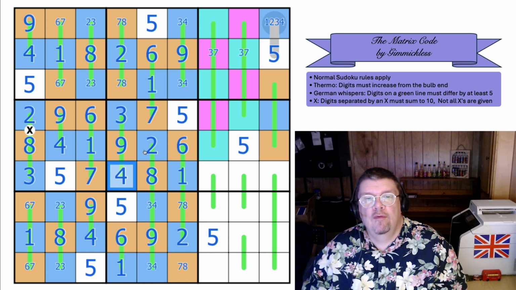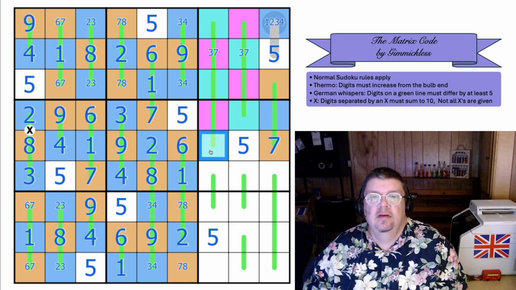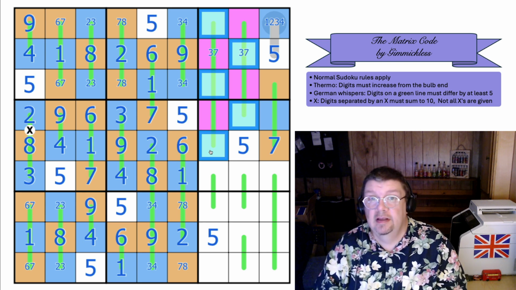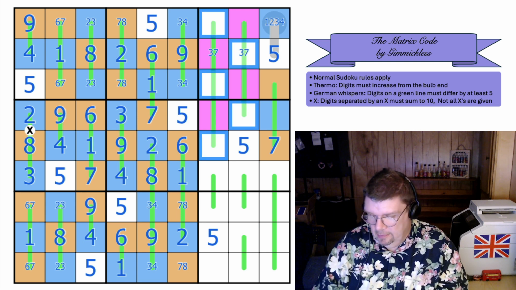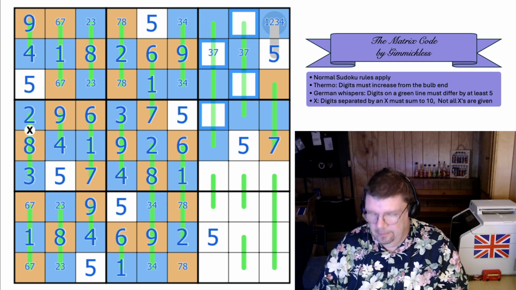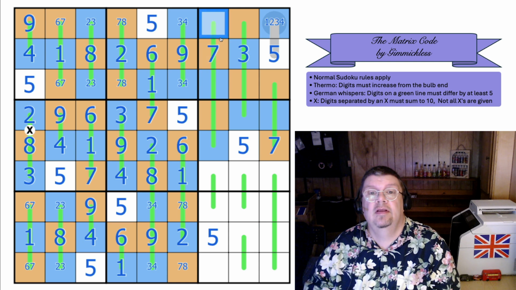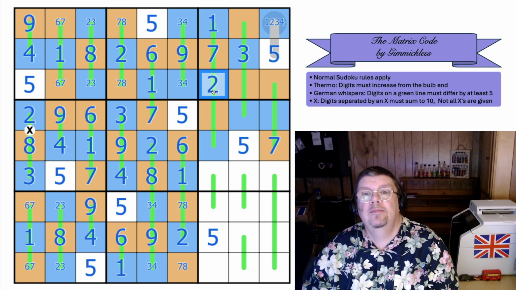We now have 4 high digits in this row. That's a 7. That means that this teal is low, and pink is high. That makes that 3 and that 7. That 7 makes that a 1-2 pair, which we can place by Sudoku.